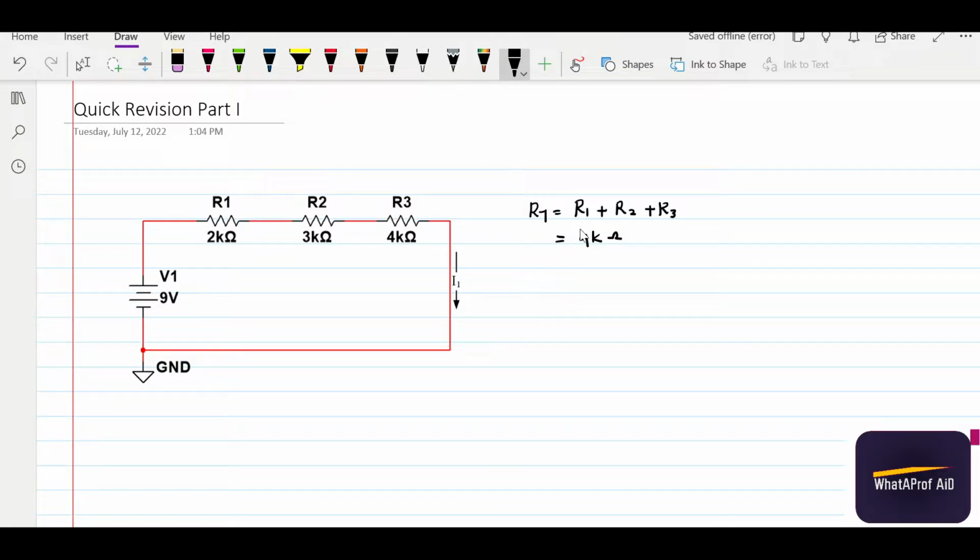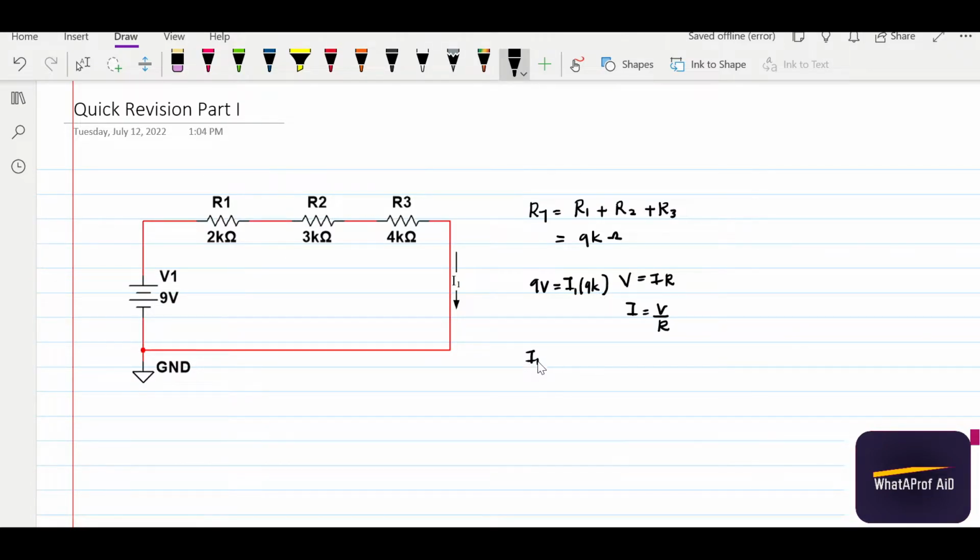So the current through the circuit is actually the ratio of total voltage, which is 9 volt. Using the Ohm's law, V equals to IR, we can find the I value now, equals to V over R. So 9 volt equals to I1 times 9K.